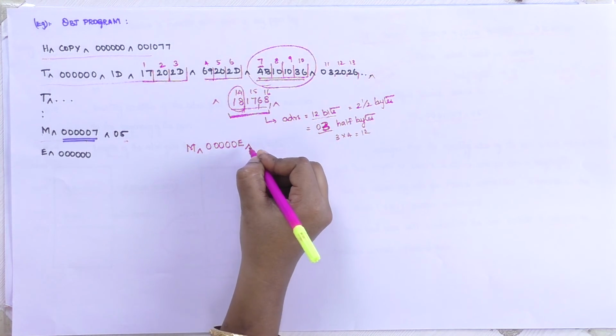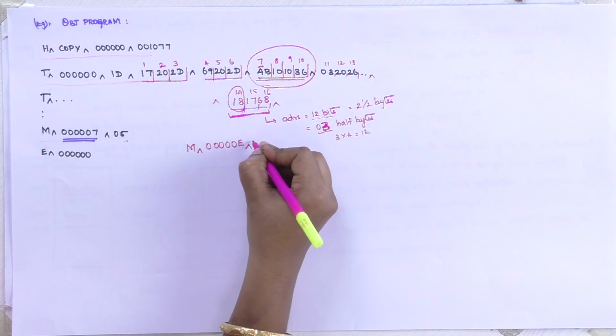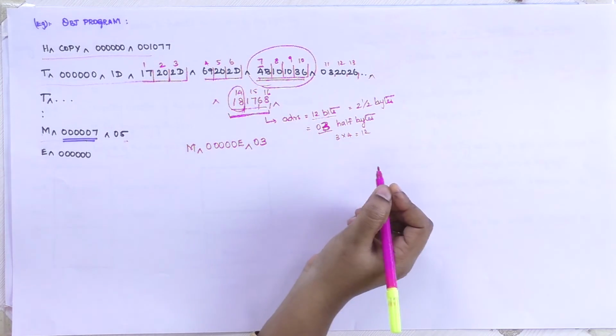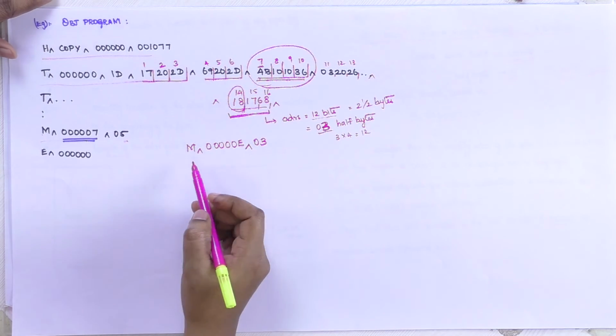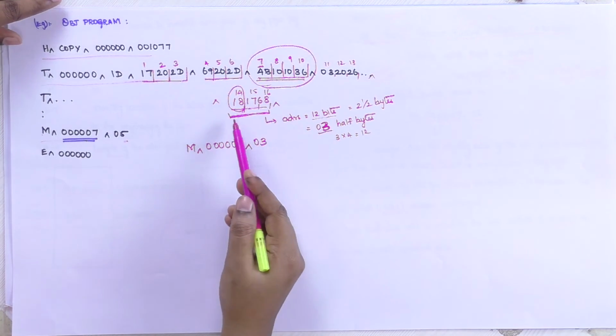So you have to mention the address field length in half bytes: 03. So this is the modification record.